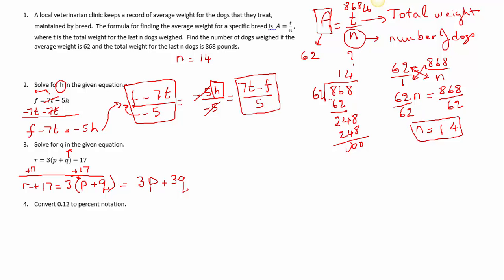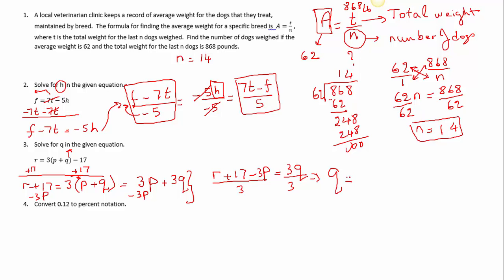Since I want q, let's move this 3p to the left side, subtract 3p from both sides. Therefore, r plus 17 minus 3p equals 3q. Again, I don't want 3q, I want q by itself. So let's divide everything by 3 here. And that would be the final answer.